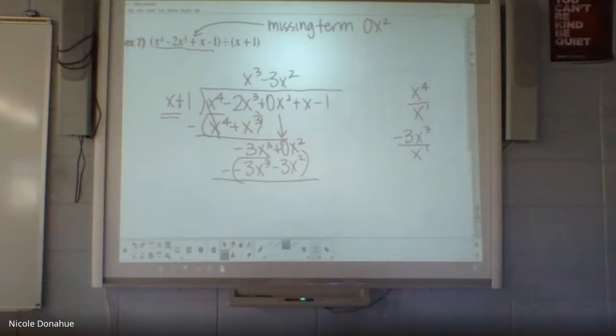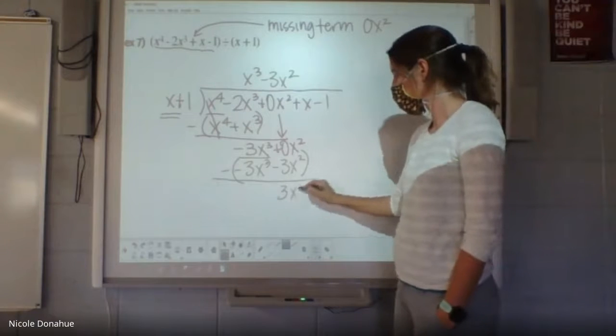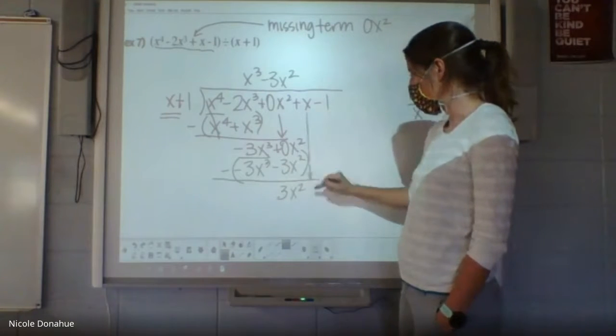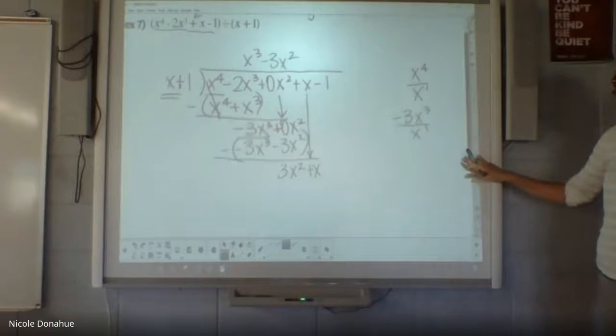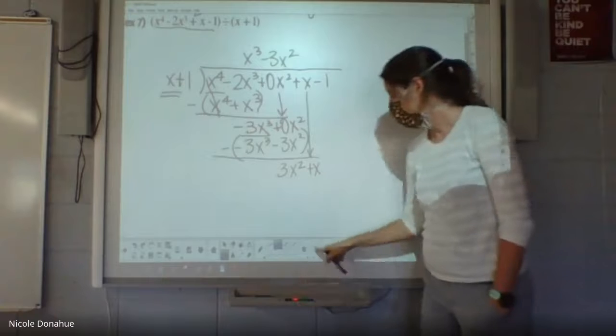Those first terms should always cancel. I have 0 minus a -3. It's a +3. 3x squared. There's still an x there. Okay.